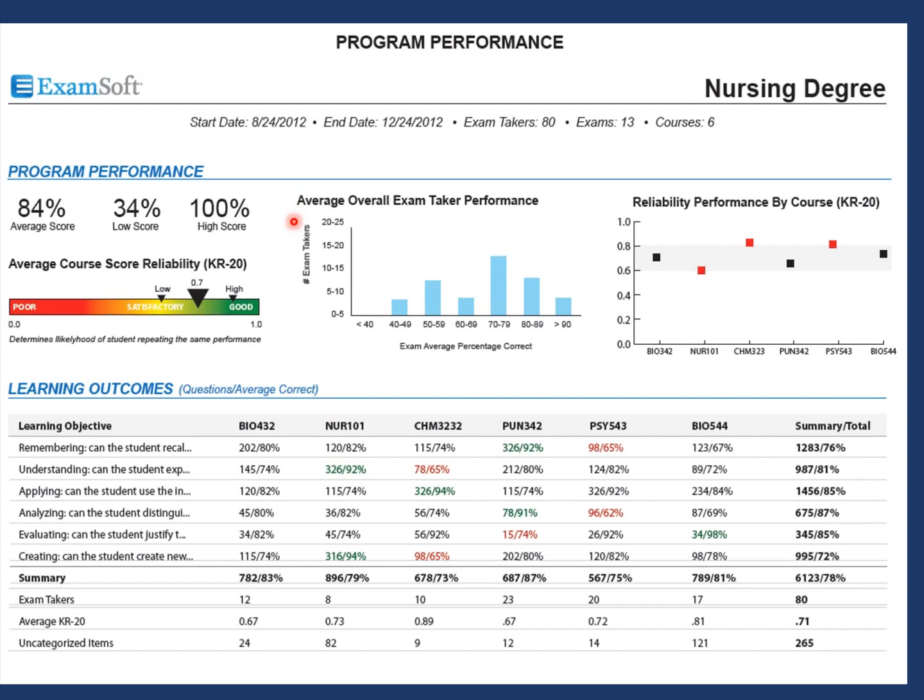This was an example from a nursing degree program, and they were interested in Bloom's taxonomy. But those on the left, those outcomes could be Goal 1, GLO 1.1, or specific learning outcome 1.1.1. Really nice summary chart to make decisions on.